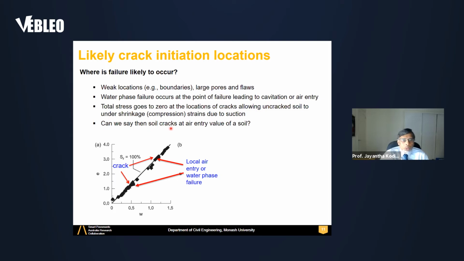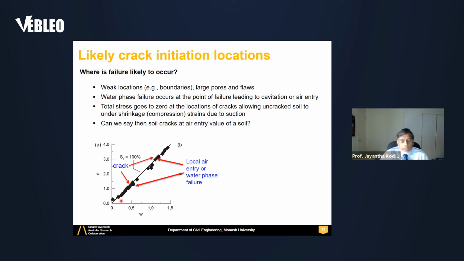Can we say then that soil cracks at the air entry value of a soil? If a soil is drying, as seen in this graph of void ratio against water content, the saturation line is shown here as a straight line. Initially it is slurried soil, so it dries along that line during shrinking and then undergoes residual shrinkage. Without any shrinkage, it undergoes water loss.